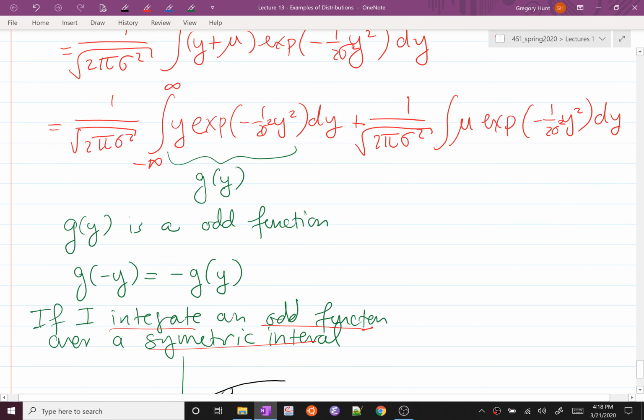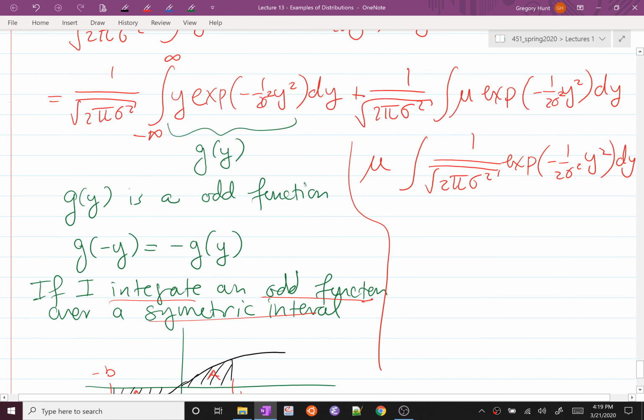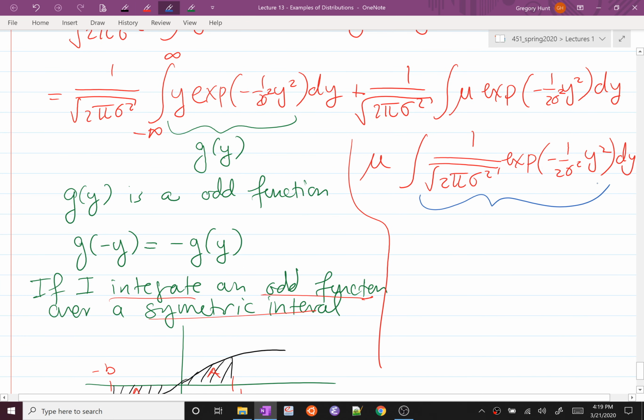The second integral here, very nicely, we can just pull out. The second integral is mu times the integral of 1 over root 2 pi sigma squared times exp of negative 1 over 2 sigma squared y squared dy. And we just have to recognize this as the PDF of a normal 0, sigma squared.